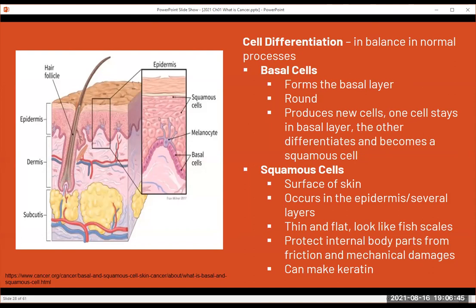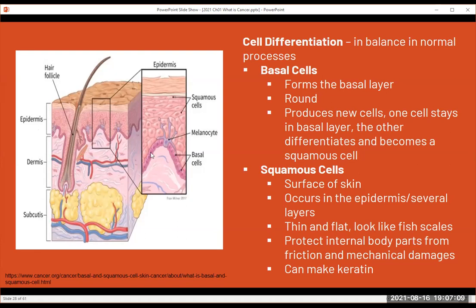So when you look at the skin, right, it's made up of basal cells and squamous cells. And basal cells in this image here are going to be found in the epidermis. So you have a couple of different layers in this epidermis, right? At the bottom of this layer, you have your basal cells.